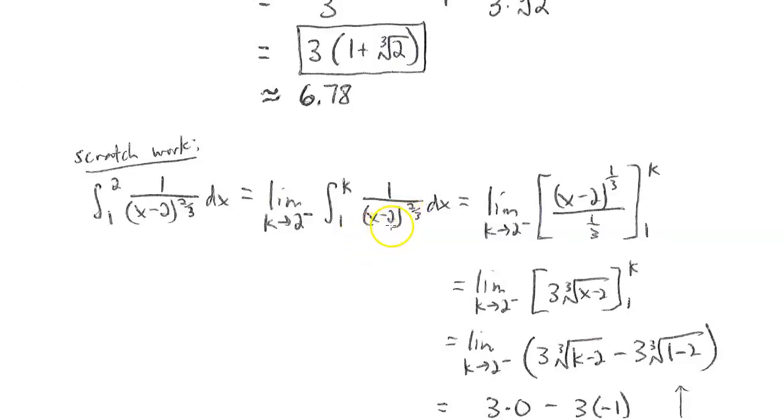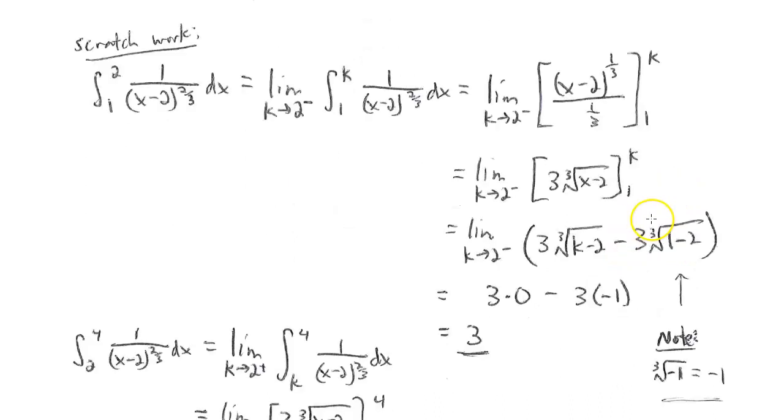The integral of x minus 2 to the negative 2/3 is going to be x minus 2 to the positive 1/3 over 1/3. Or in other words, it'll be 3 times the cube root of x minus 2, evaluated from 1 to k. So if you plug in k and then you plug in 1 and subtract, what do you get? Well, notice we're taking the limit as k approaches 2. As k approaches 2, this is going to approach 0. So we get 3 times 0.